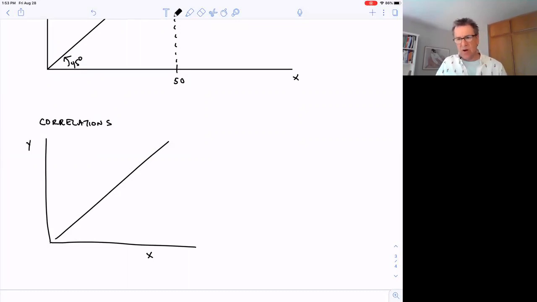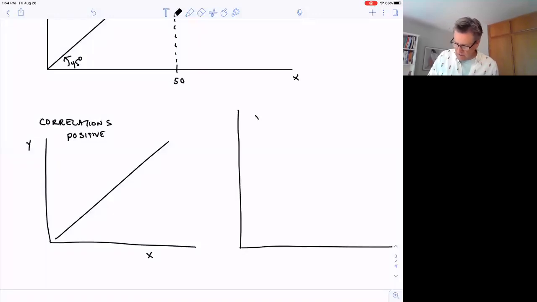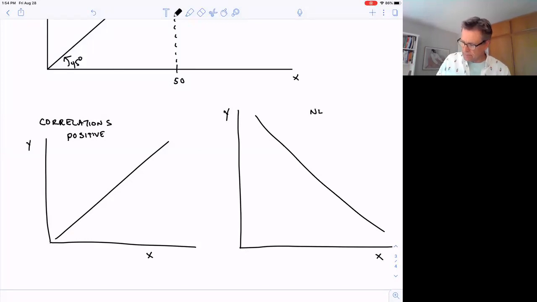It means that x goes up, y goes up. So this is a positive correlation or positive association. If the relationship is this between x and y, we can say there's a negative correlation or negative association between x and y.